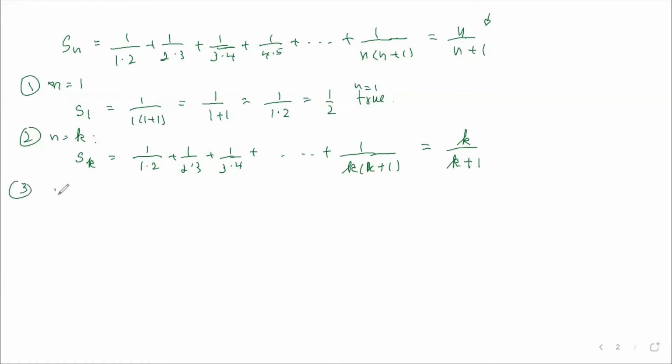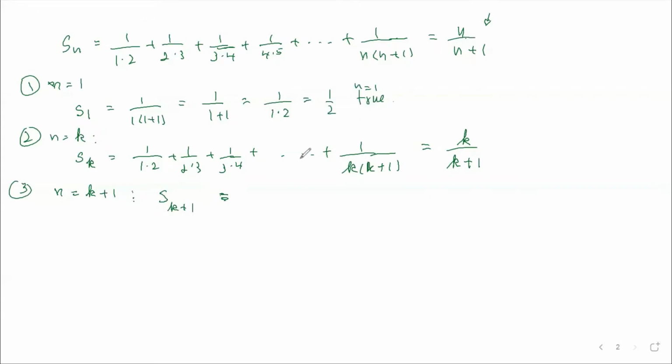We let n equal to k plus 1, right? So we have to replace n with k plus 1. Okay. So now it becomes S subscript k plus 1. So it will equal to, this time you have to replace in here, right?